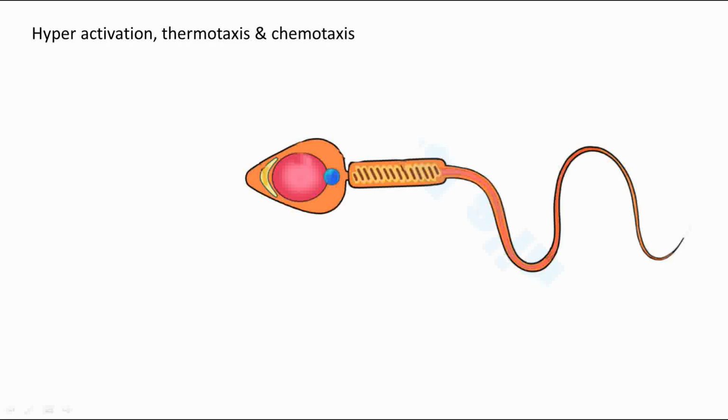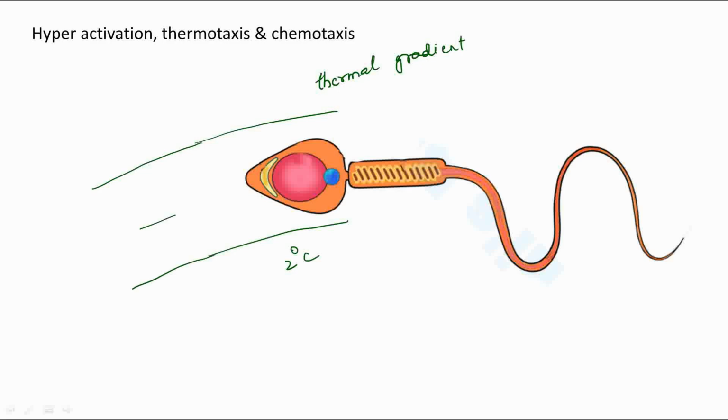Actually, the sperm finds its way to that egg by understanding a thermal gradient, because in the isthmus region the temperature is somewhat cooler, and as it moves towards the ampulla, the temperature becomes warmer and warmer.